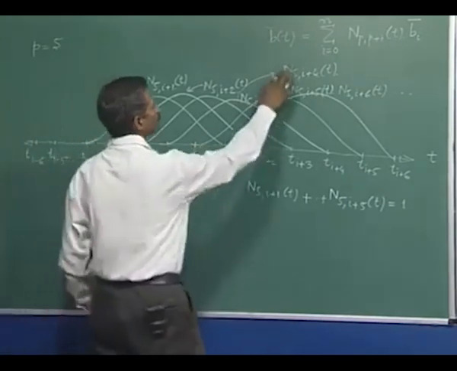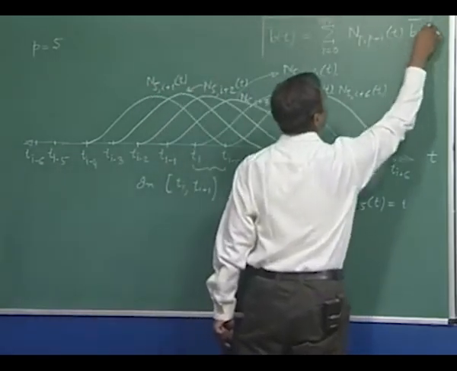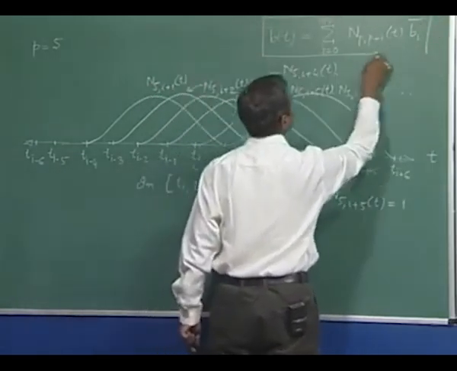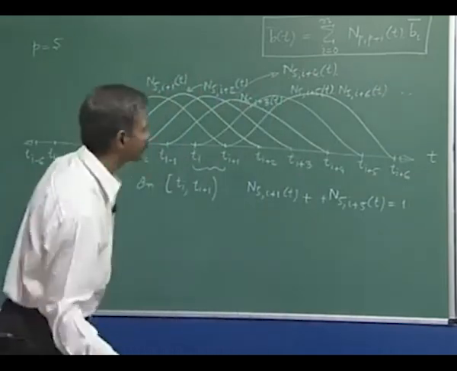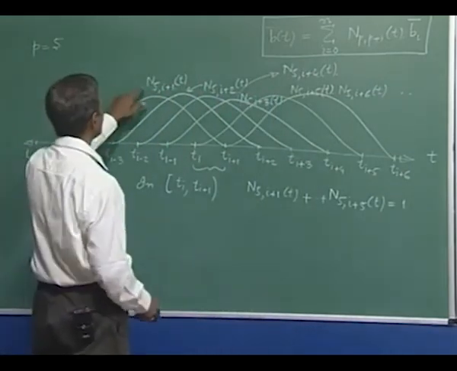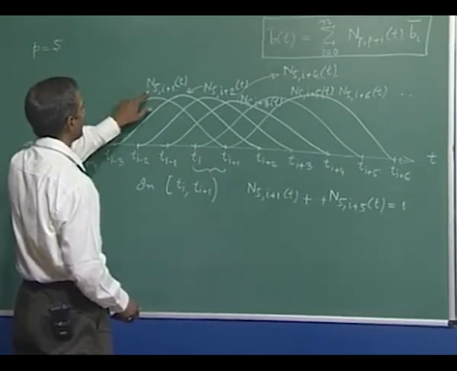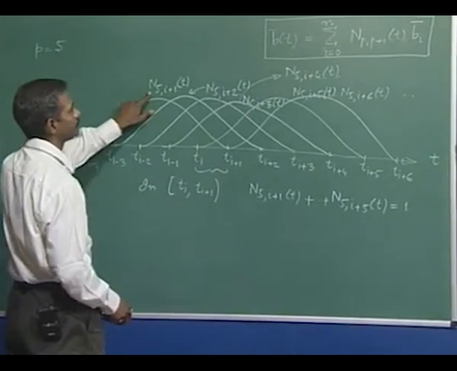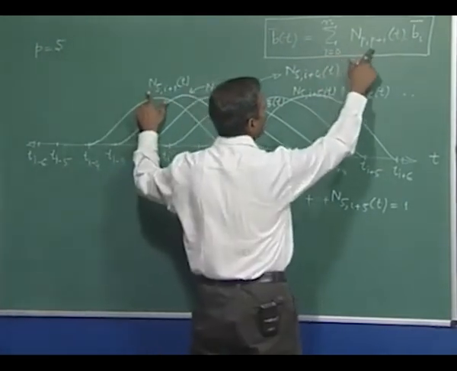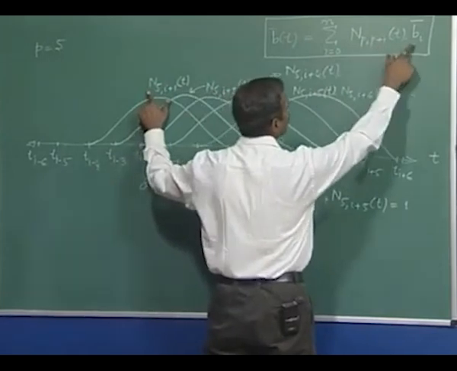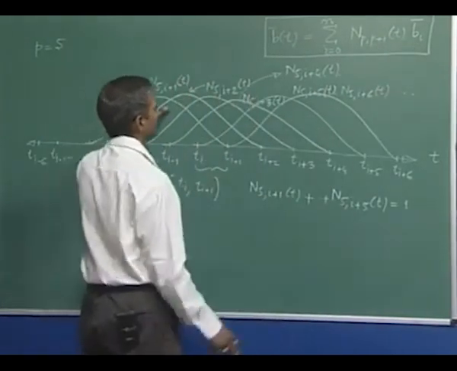Now let's look at this definition of a curve. What is the design point associated with N 5 i plus 1? With N 5 i plus 5, b i is associated. So let's work backwards.